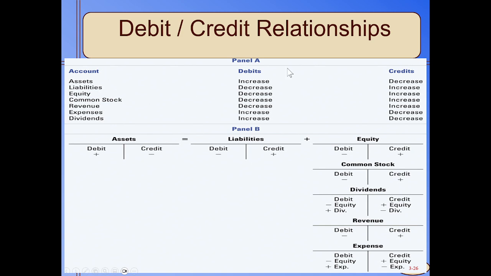We call these accounts, and the increase or decrease will be on the debit or credit side. An asset increase is always on the debit side. So we always have assets equal to liabilities plus owners' equity, and in the equity we have common stock, dividends, revenue, and expenses.